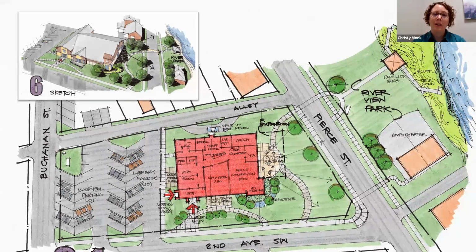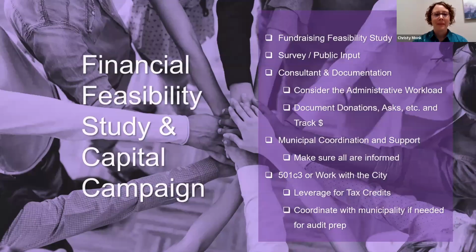We've got our parking accounted for. So all of the pieces have been clarified as part of the conceptual design process. So you know how big it needs to be, you know generally what it's going to cost. Then you would need to consider fundraising and how you're going to find dollars to pay for your project.